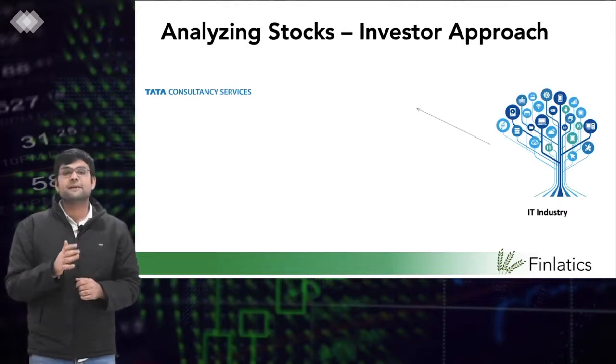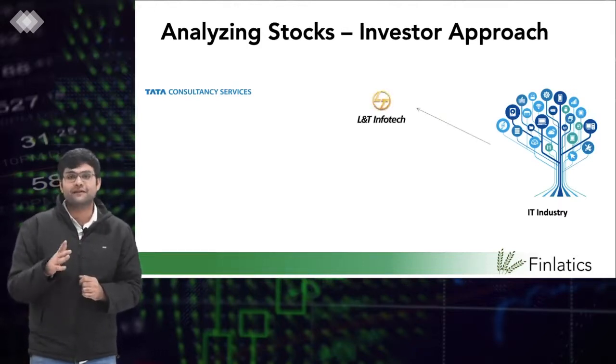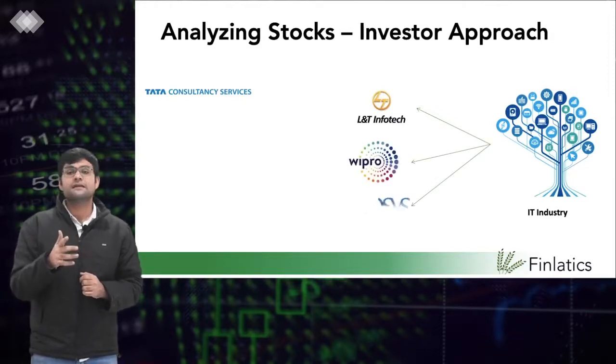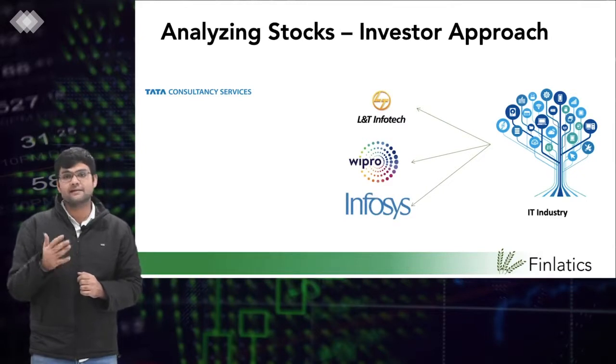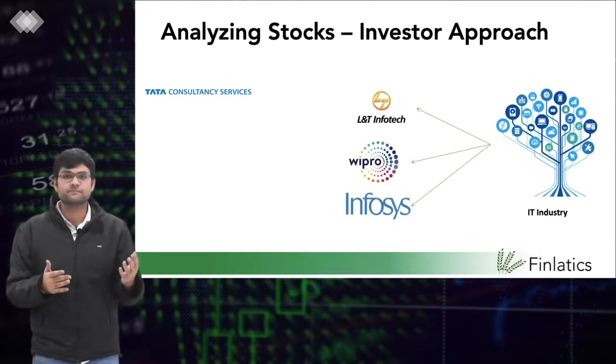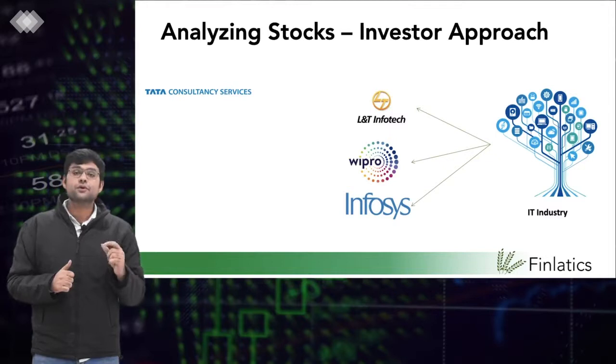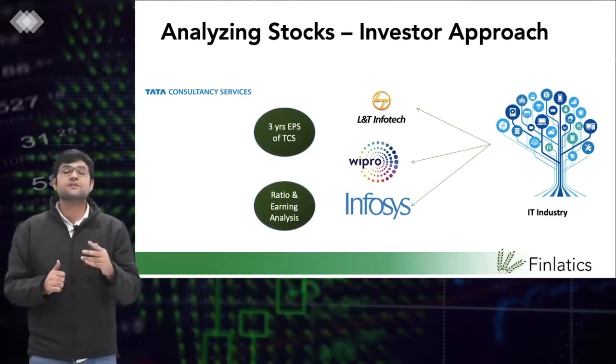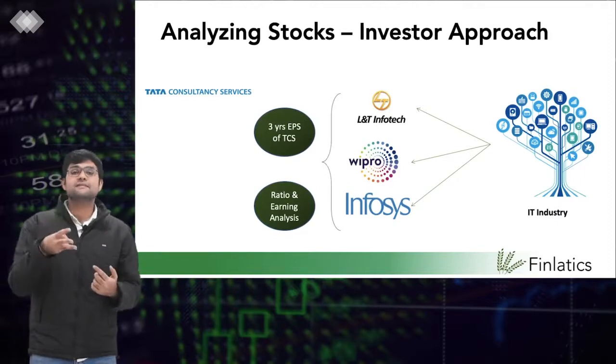Some companies that are present in this sector are L&T Infotech, Wipro, Infosys. All three companies mentioned here are listed, and so is TCS. Therefore, you would do a similar company as well as ratio analysis that we spoke about earlier on these three companies.